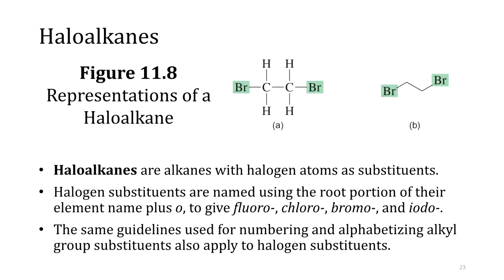So halogen substituents are named using the root name of the element plus O, so fluoro, chloro, bromo, or iodo. And then we use the parent name for the organic compound, the alkane. And we use the same guidelines to number and alphabetize as we did with the alkyl groups.